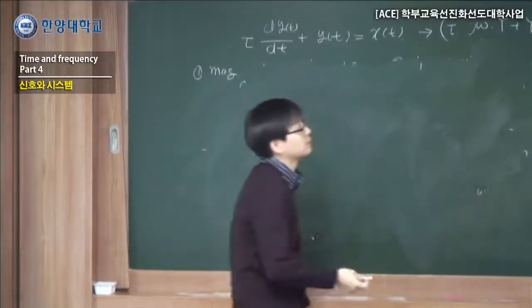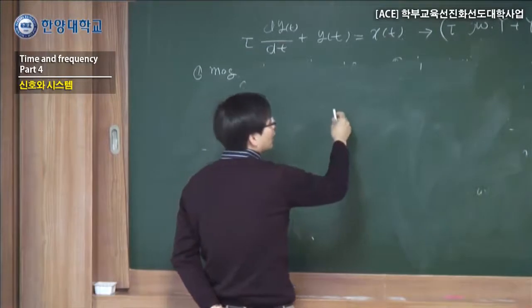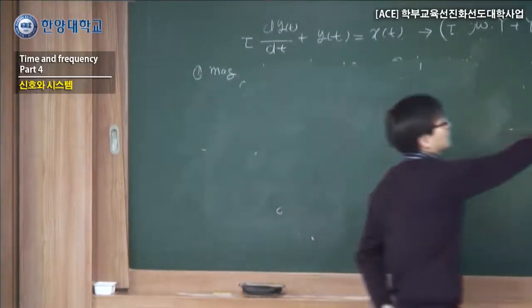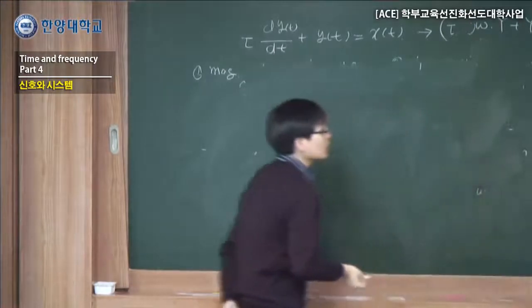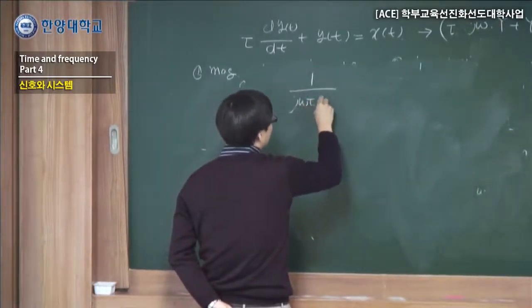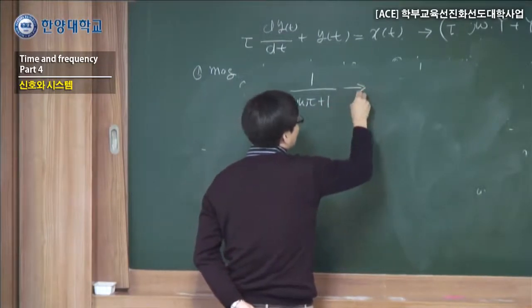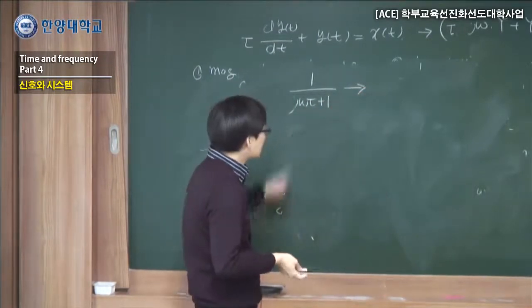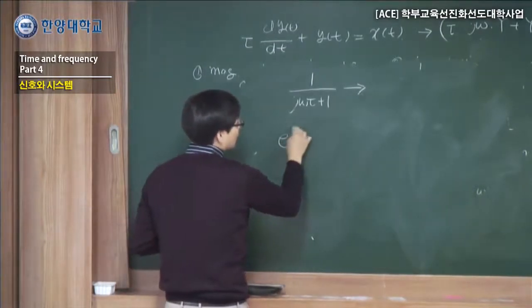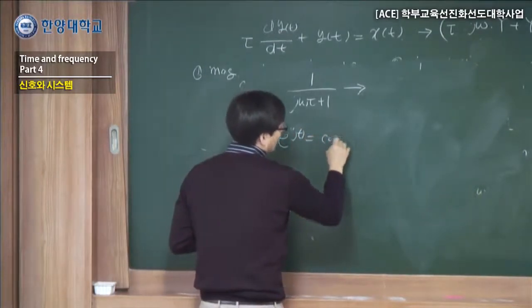In case of phase, let's take the phase of this one. So 1 divided by j omega tau plus 1, that is the phase of it. You can find the phase from our basic assumption, the Euler equation.